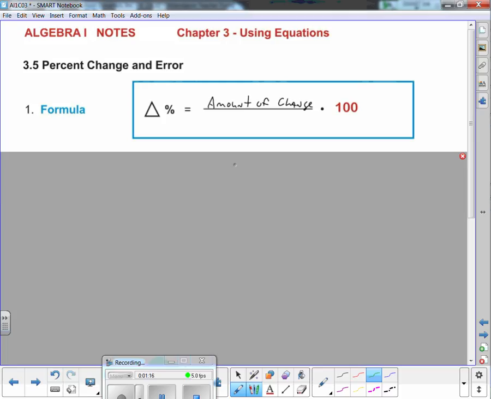Anybody remember from last year? Divide by the original amount. And then the 100 is 100%. So the amount of change divided by the original amount times 100%, so you can get it into a percent. Percent change.